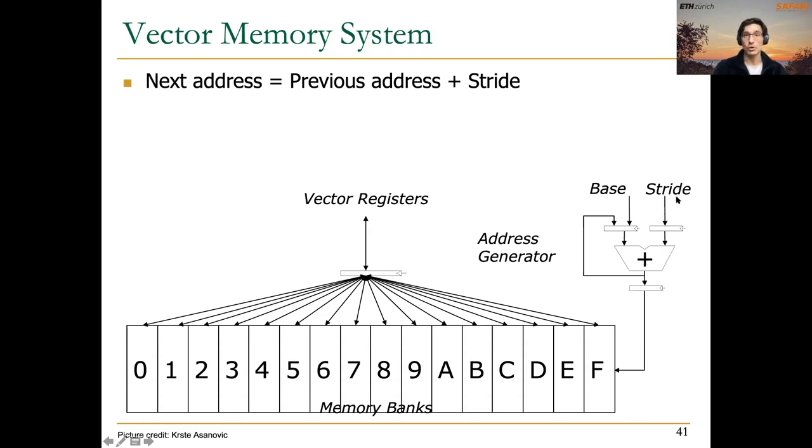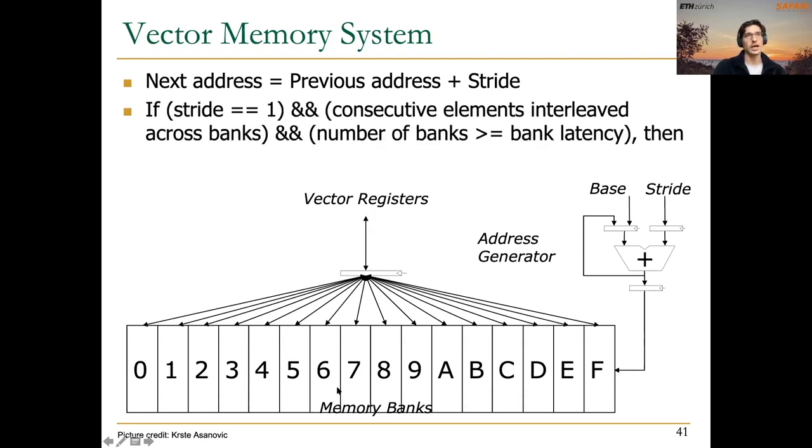Let's say our load store unit gets the base address of array A, gets the stride, and cycle after cycle adds the stride to the address value that we have in this accumulator. And then we send it to the MAR of the different banks and start accessing the banks. So that's essentially what we are doing here.